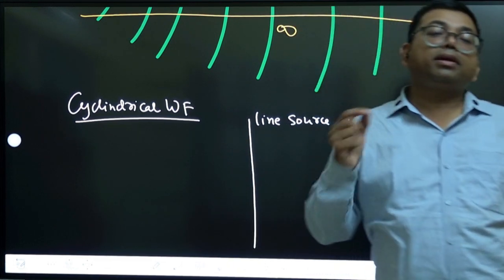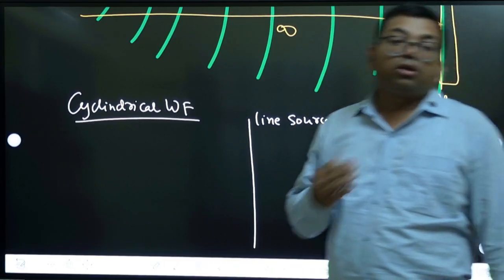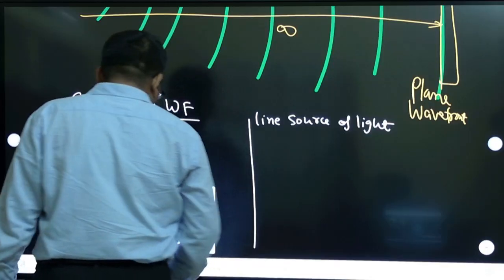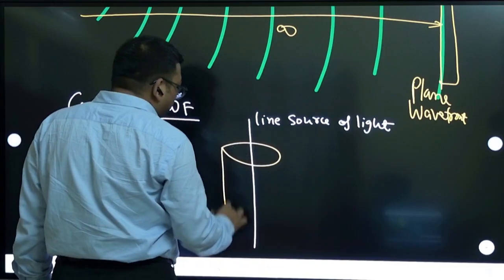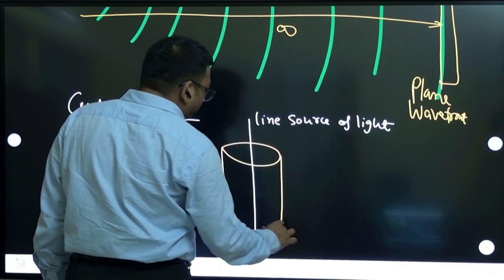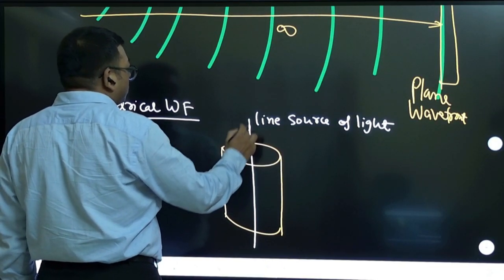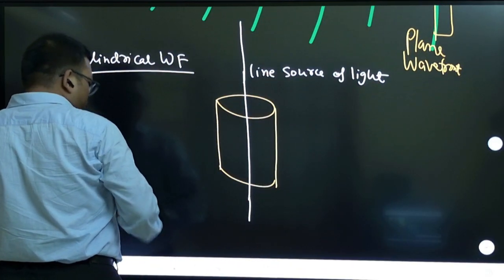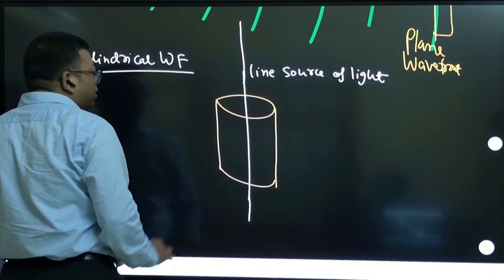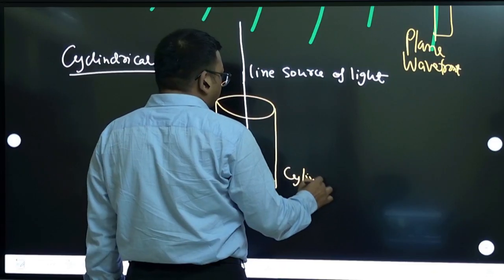Then if you try to make a wavefront, meaning all points which are equidistant from this, you can construct a cylinder, assuming that this line source is very long. So construct a cylinder, and now this cylinder represents the cylindrical wavefront.